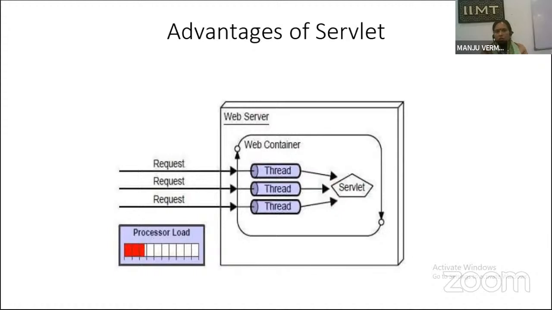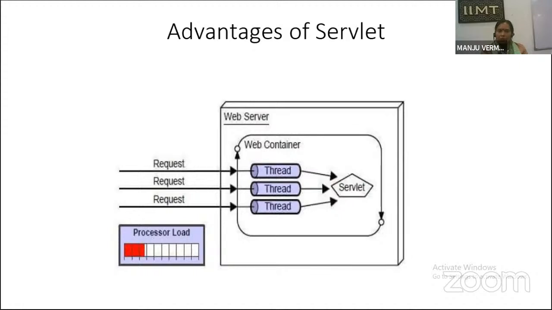So it is creating only one process, while CGI creates a new process for each request. This is the main difference between CGI and the servlet.